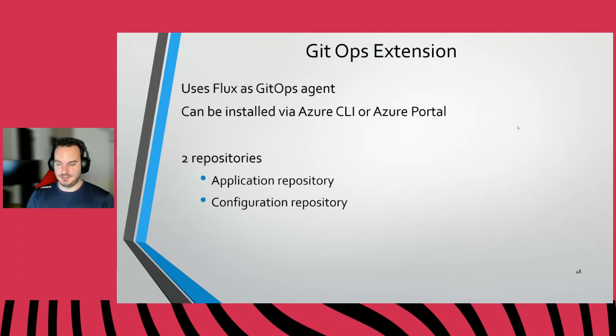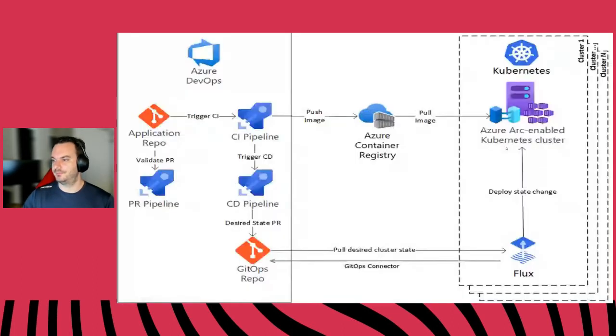And this is recommended because of the separation of concerns principle. The idea behind this is that developers take care of the application, and then I could have some infrastructure team member take care of the configuration of the Kubernetes cluster. This could be YAML files, Helm charts, or whatever you need to run your software.